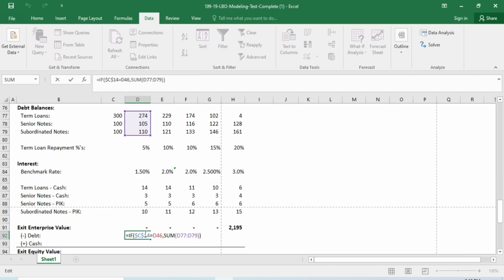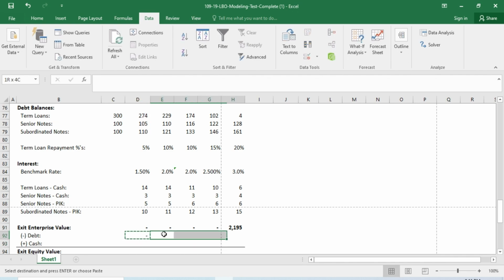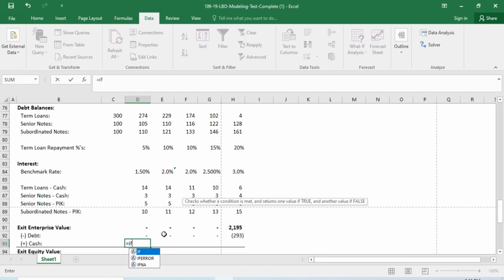If exit year is equal to this year, comma, EBITDA multiply by exit multiple, else 0.